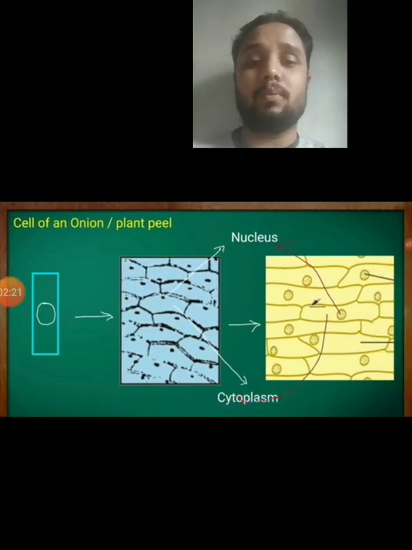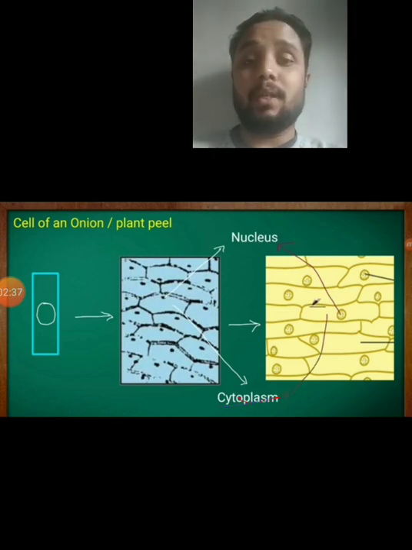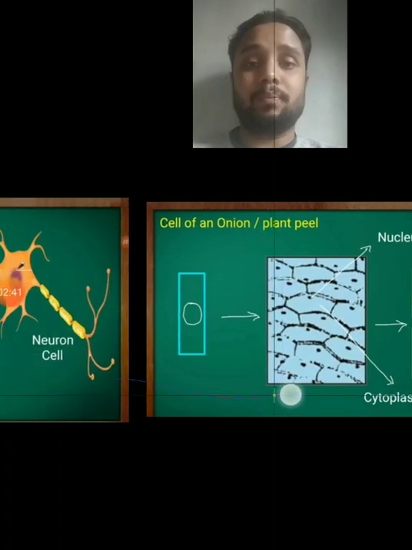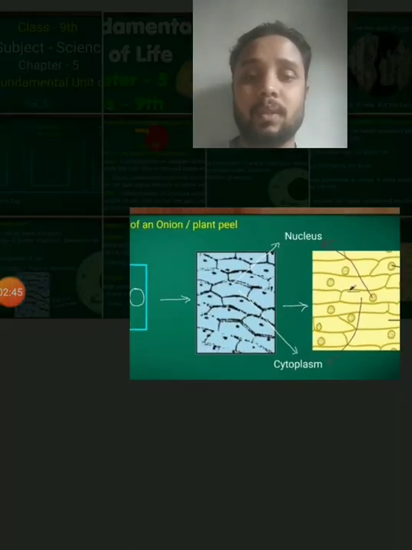It is the same in a plant cell or peel. In the middle there is a nucleus, surrounding the nucleus is cytoplasm, and there is a boundary known as the plasma membrane, the same in an onion cell also. You need to understand this.